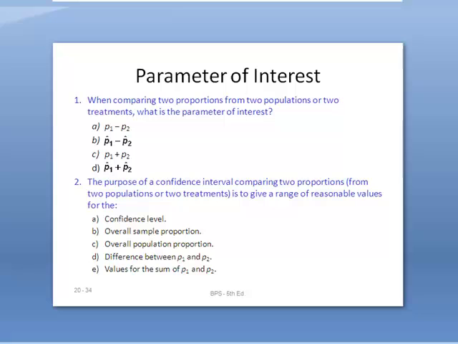When comparing two proportions from two populations or two treatments, what is the parameter of interest? What would you say? Well, I hope you picked A, P1 minus P2. Let's look at question number 2. The purpose of a confidence interval comparing two proportions from two populations or two treatments is to give the range of reasonable values for which one, A, B, C, D, or E?